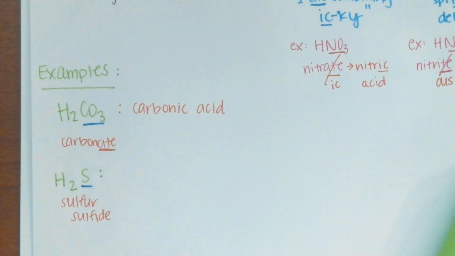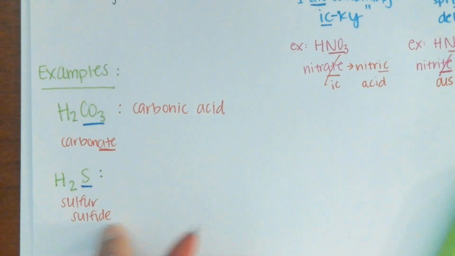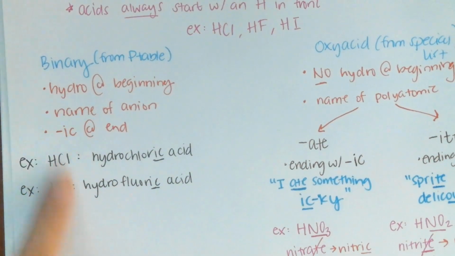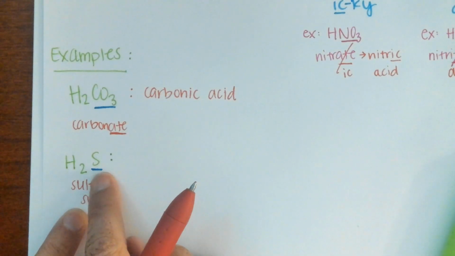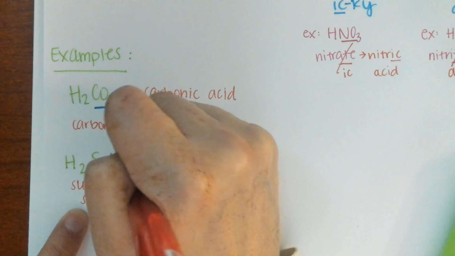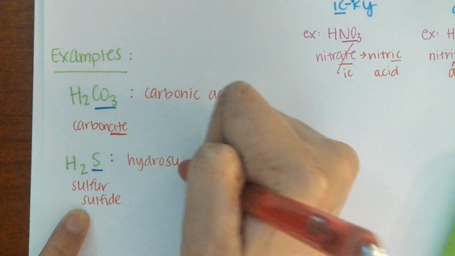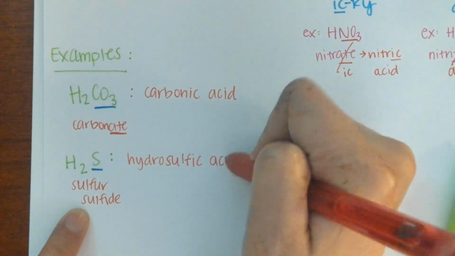Because in the regular ionic, covalent naming, we say sulfide. So we're just going to change that ide to ic, because again, no matter what, if it comes from the periodic table, it's always ic at the end. So since it's from the periodic table, we do add the hydro, and then we do hydrosulfuric acid.